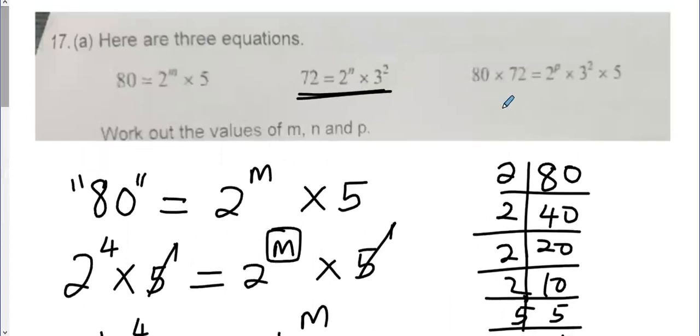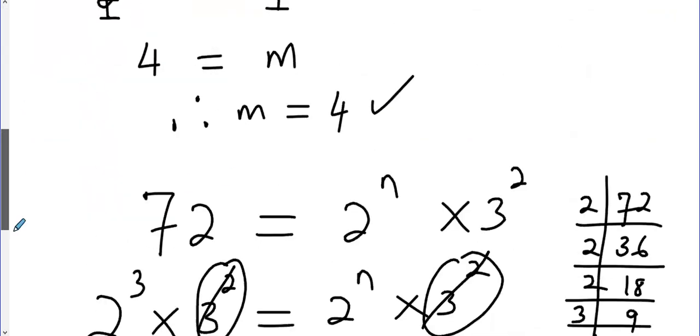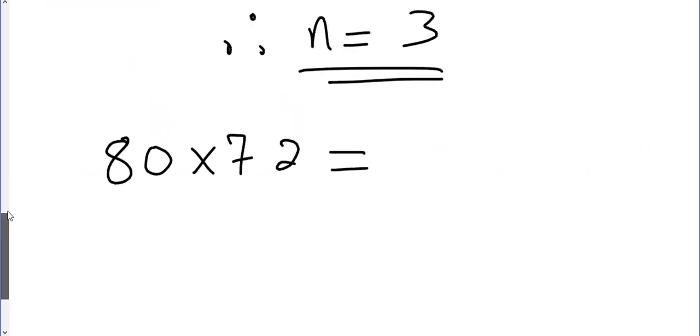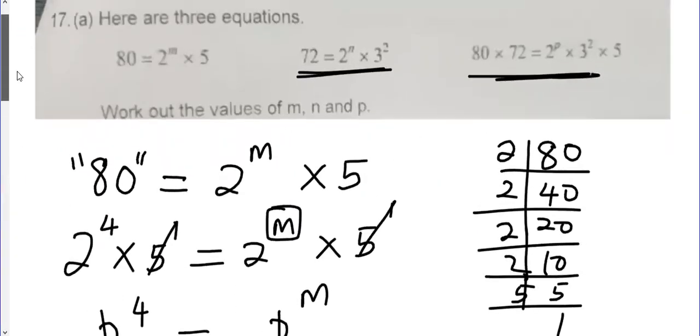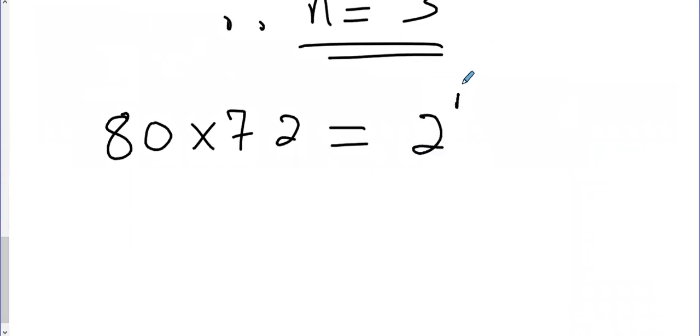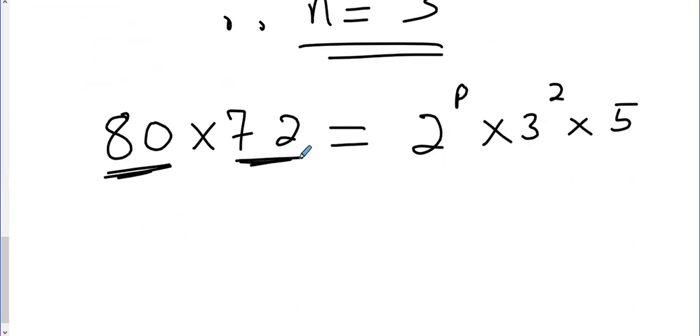So we can go to this equation here, which is 80 times 72 equals 2 to the power of p times 3 to the power of 2 times 5 to the power of 1. We already know what 80 is and what 72 is.